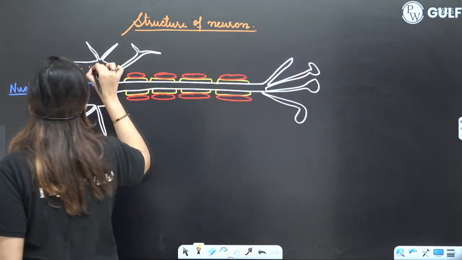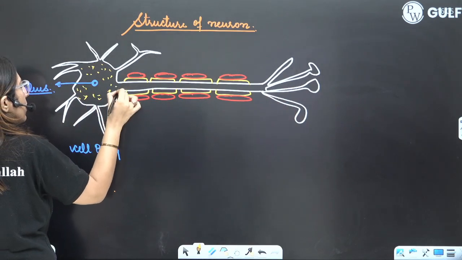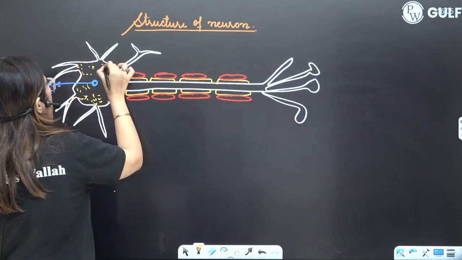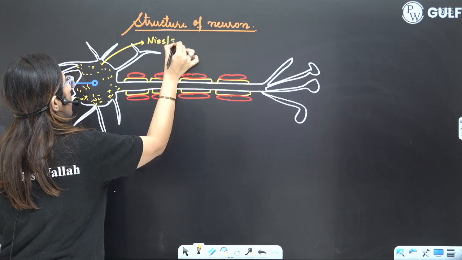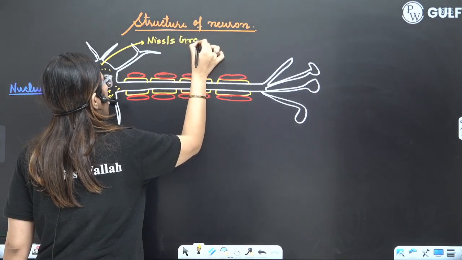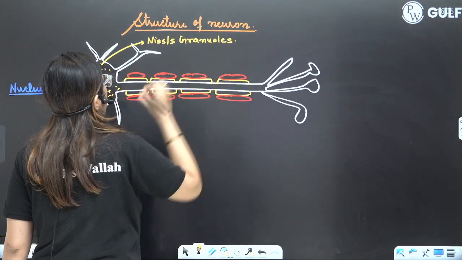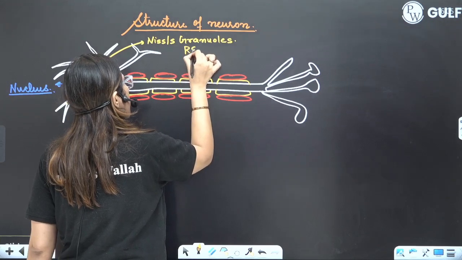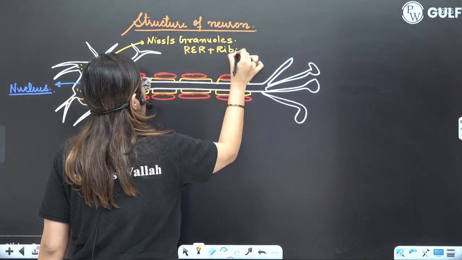Now here some granules are present, and these granules are derived from ribosomes and rough endoplasmic reticulum. They are termed Nissl's granules. They are formed by the rough endoplasmic reticulum plus ribosomes. Very important question.